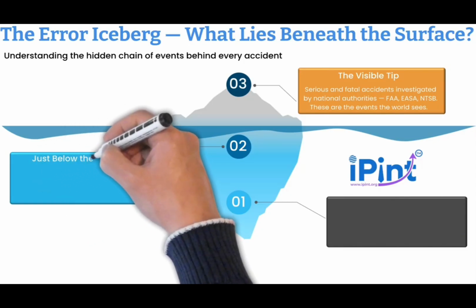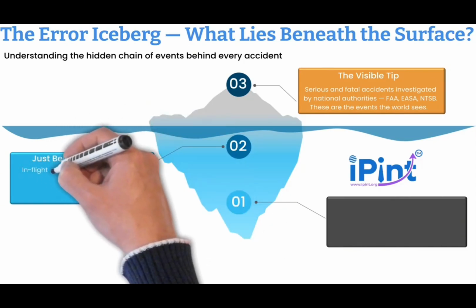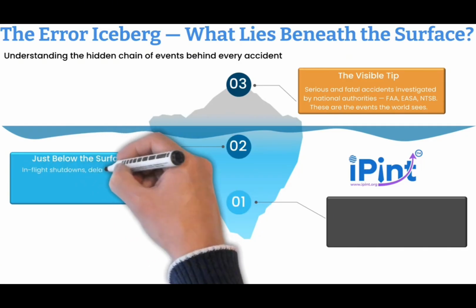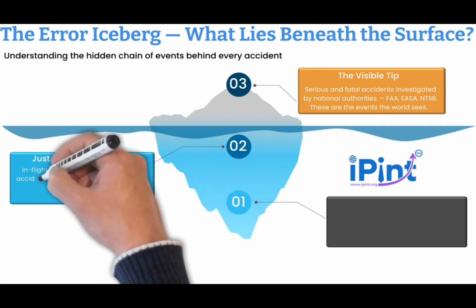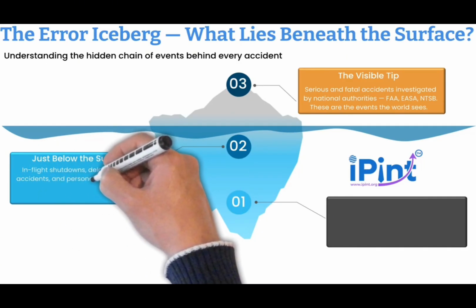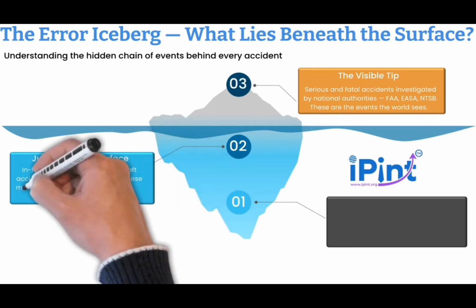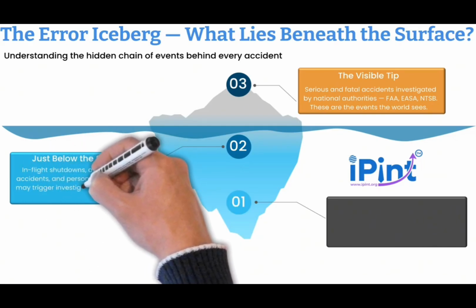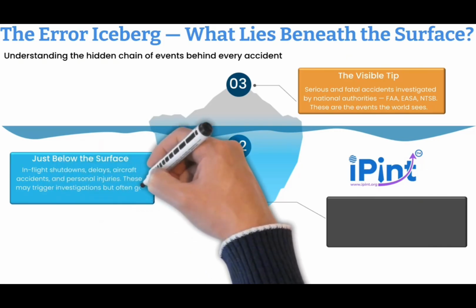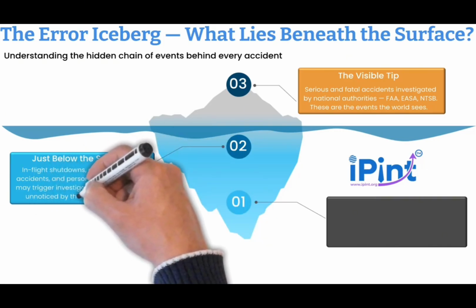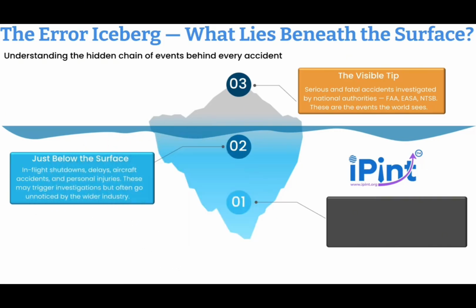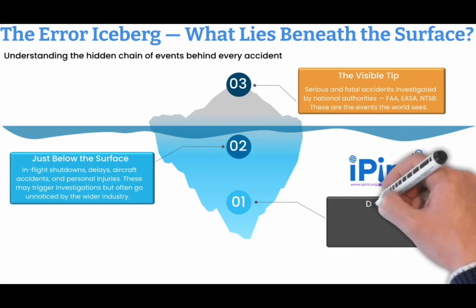In the middle section, just below the surface, are the incidents that happen during operations: in-flight shutdowns, delays, aircraft accidents, personal injuries. Some of these trigger investigations, but many go unnoticed by the wider industry, quietly buried in local reports or not reported at all.